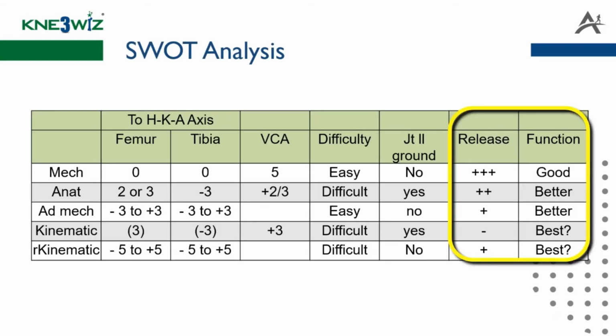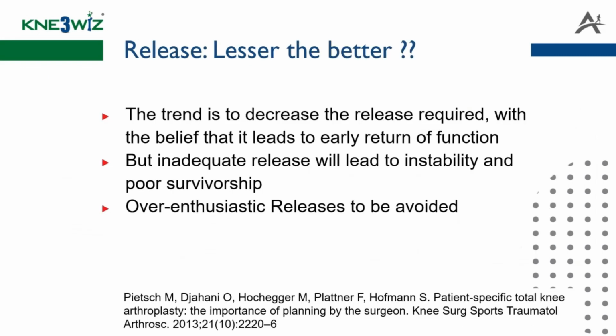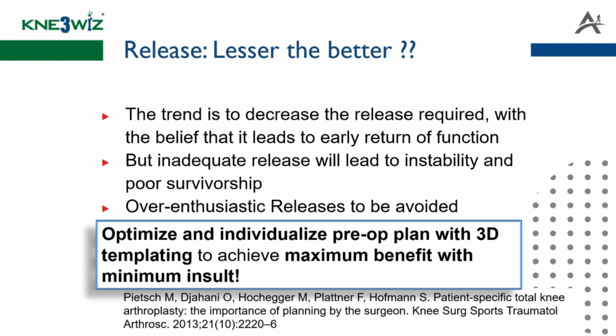It seems logical that lesser the amount of release required, easier is the return to function. But both inadequate releases and over-enthusiastic releases should be avoided. The best possible option would be to optimize and individualize preoperative planning with 3D templating to achieve maximum benefit with minimum insult.